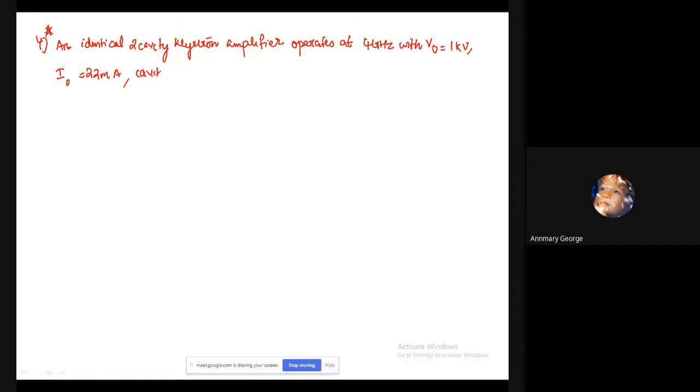The cavity gap d is 1 mm, and the drift space length L is 3 centimeter.